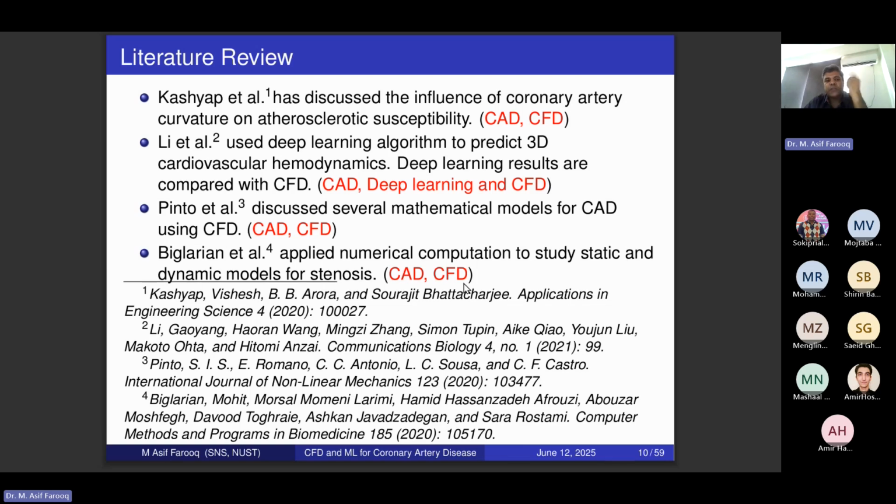The idea of giving this literature review is that most of the work has been done in CFD and CAD. As I already said, CFD, computational fluid dynamics, is expensive, although when you don't have a solution, then you at least have a solution from CFD. But now we know that it is expensive.